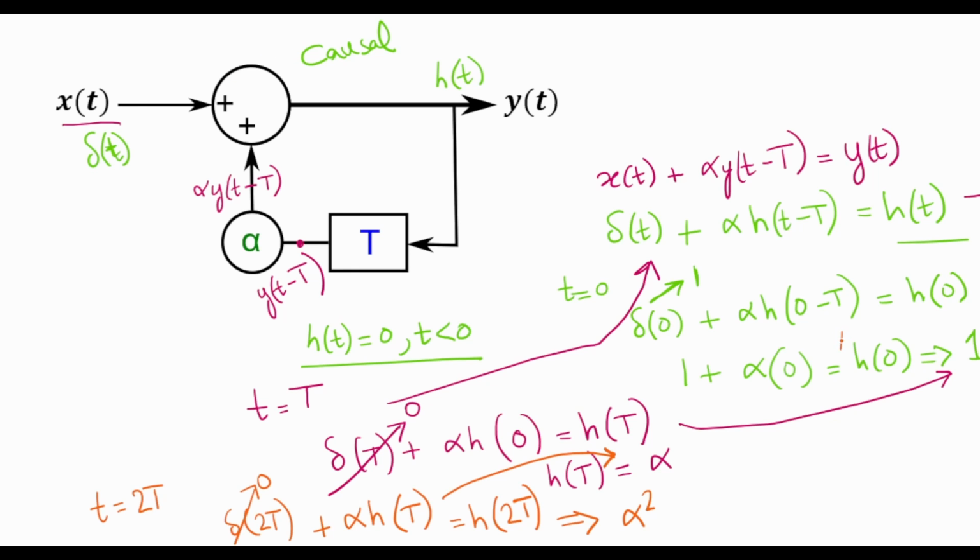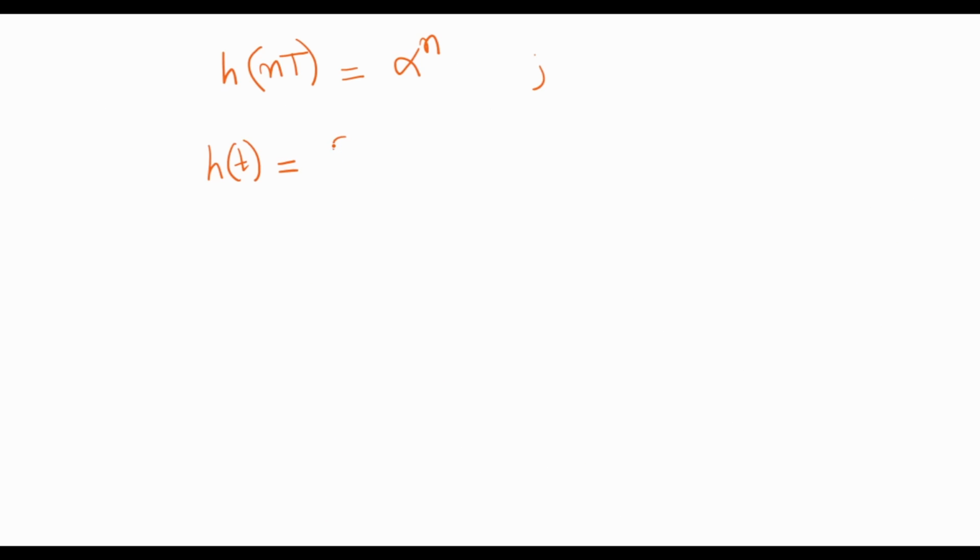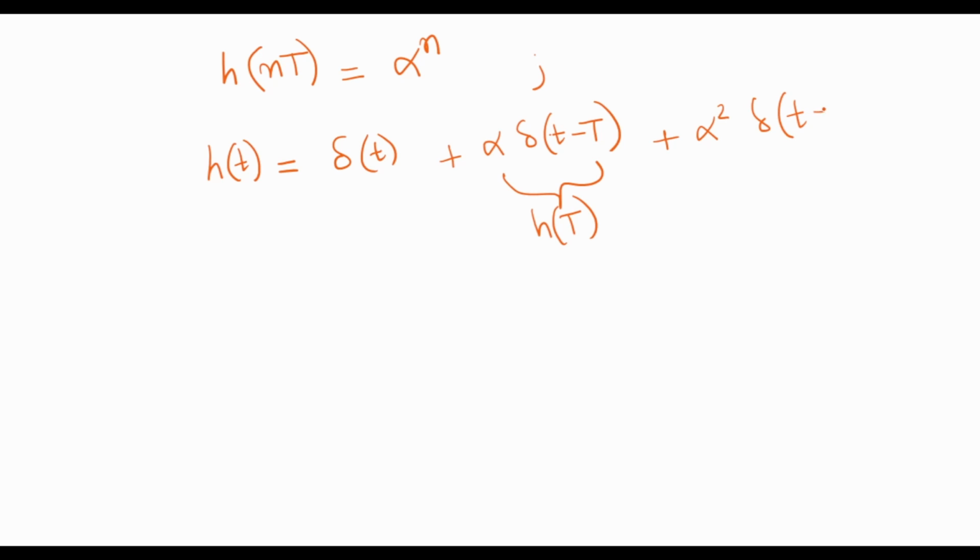What we have found out is that h of 0 is equal to 1. So there has to be a delta function at t equal to 0. Then we have alpha times delta of t minus T, because this was equal to h of T. Then alpha square times delta of t minus 2T.